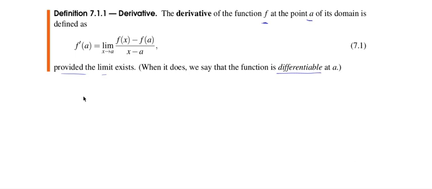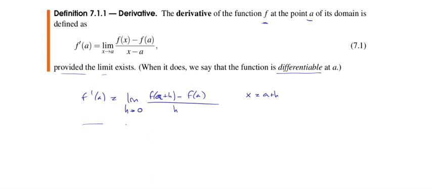We could also define the derivative as the limit when h goes to 0 of f of a plus h minus f of a divided by h. In this case, what we have done is introduce x equal to a plus h, and when x goes to a, h has to go to 0. So this definition is equivalent to the other one.